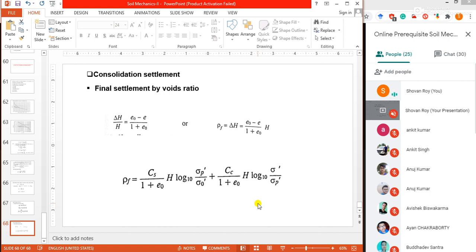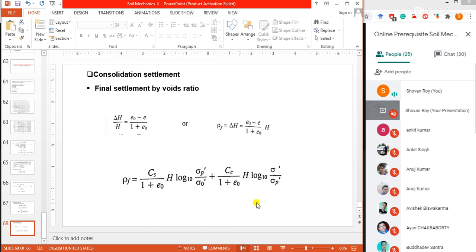Sigma P, when swelling index is there, then we can use this final pressure sigma P. So Cs by 1 plus e0, H into log 10 base sigma P dash by sigma 0 dash, plus Cc by 1 plus e0, H log 10 base sigma dash by sigma P. You can clearly understand the use of this equation in our future classes of consolidation.